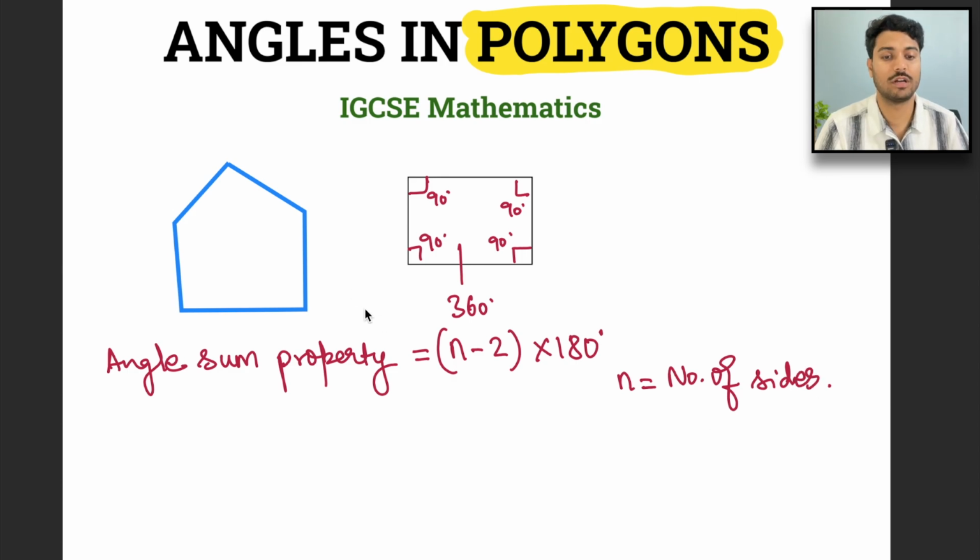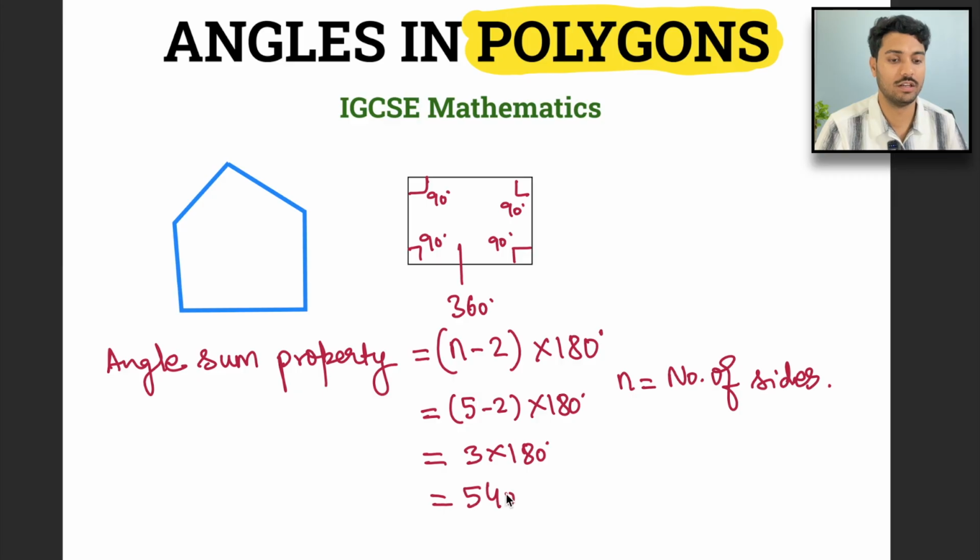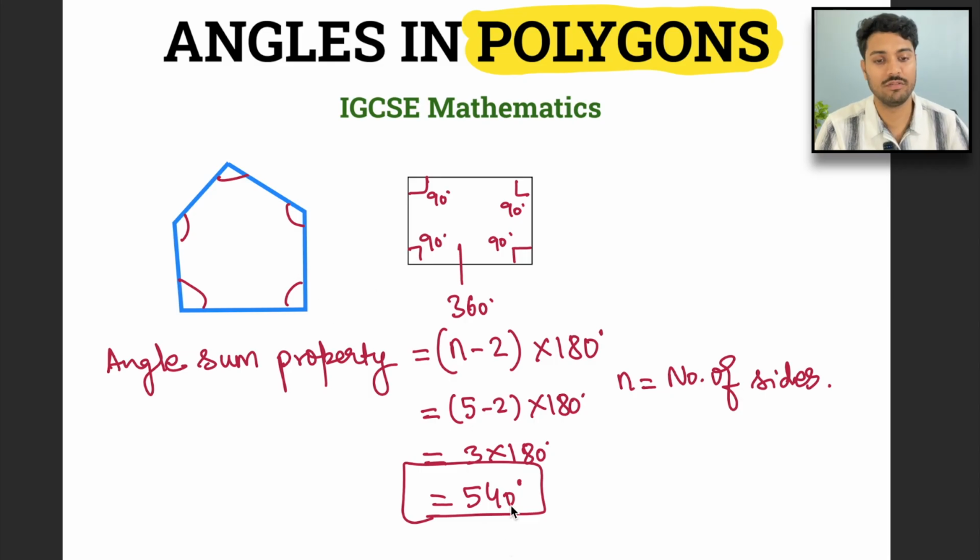For a pentagon, we write 5 minus 2 multiplied by 180 degrees. So 3 multiplied by 180 degrees, which is 540 degrees. So the sum of all the angles of this pentagon is going to be 540 degrees. If it is a regular pentagon, then we divide by 5 and we get each interior angle. So this is one important formula which helps us to find the interior angle sum of any polygon.